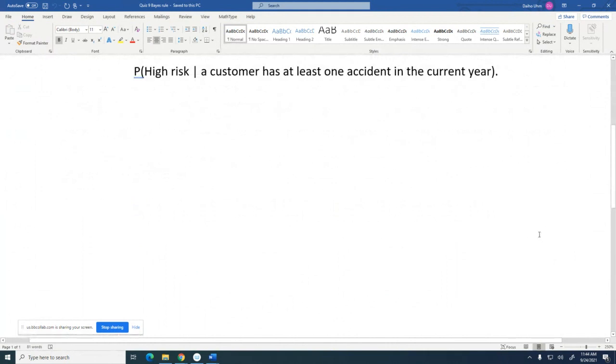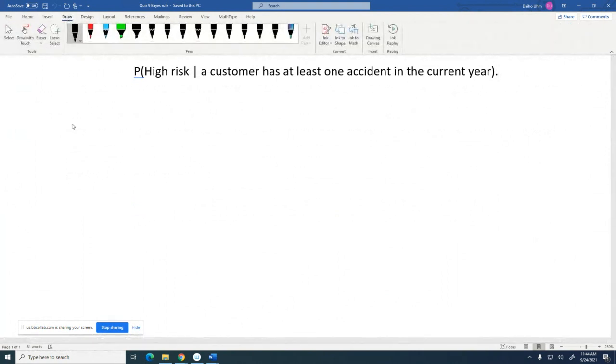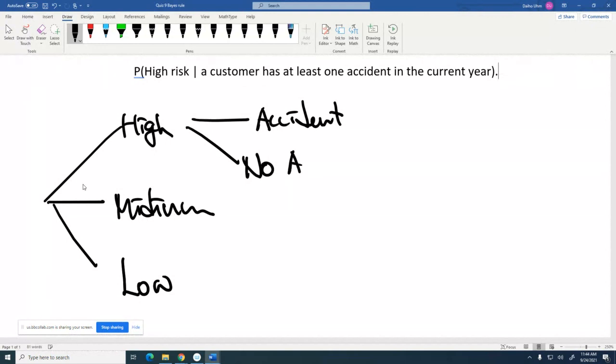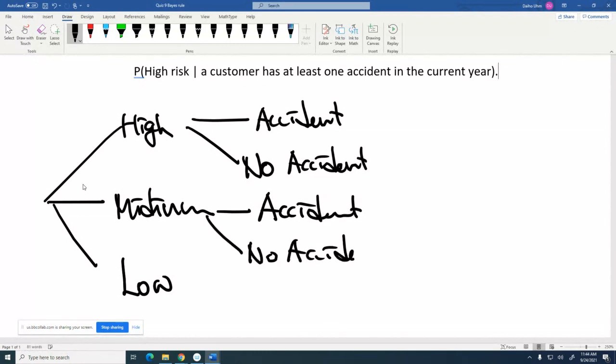Before, we had the probability tree diagram in quiz 8, which was the high risk, medium, and the low, and we had an accident and no accident, and no accident, and no accident.